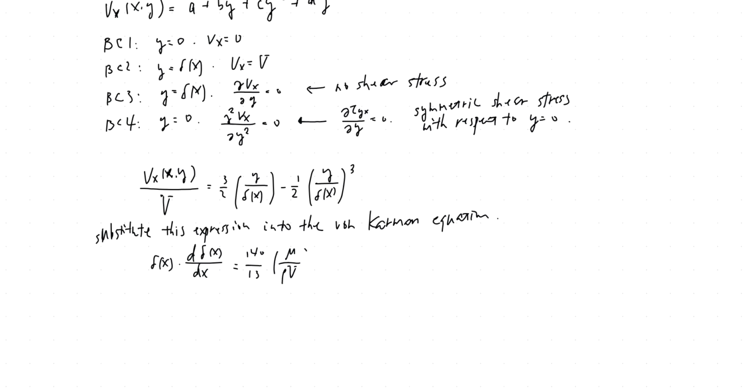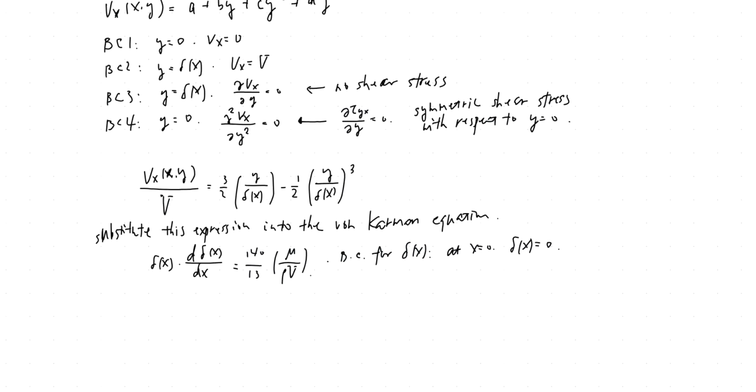This is just a first order differential equation, and you know how to solve it. You can just separate the variables. It's a very standard differential equation. We need a boundary condition for delta x, which is at x equal to 0, delta x equal to 0, because at the beginning of the plate, the boundary layer thickness is 0. Now we can solve for this.